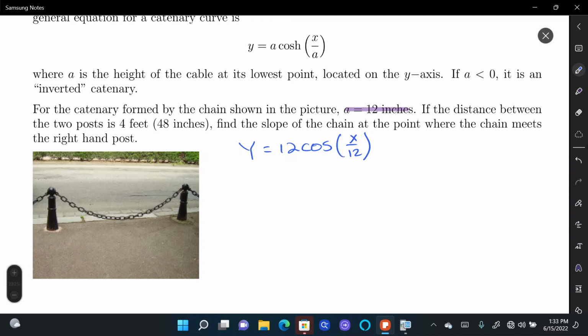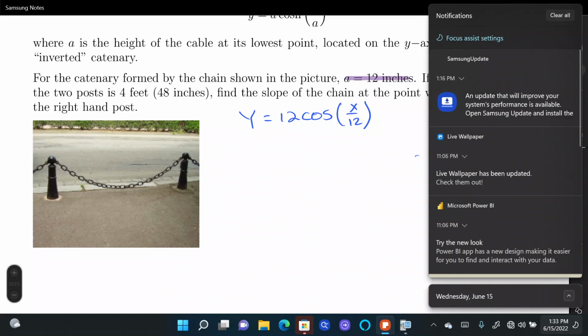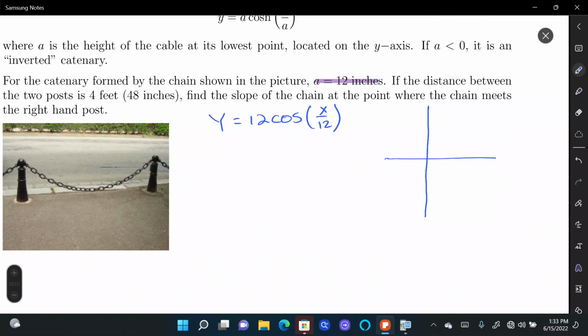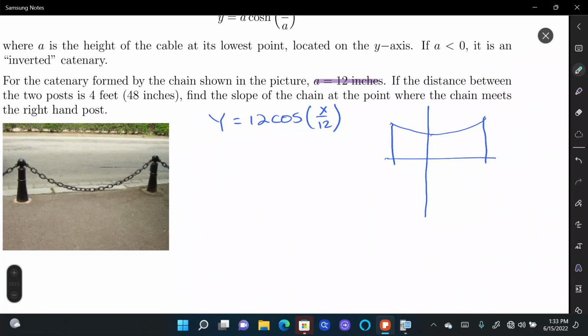And of course, we need a little picture here. So we have one post here, the other one there, and this is 12 inches high, and the distance between the two posts is 48 inches.